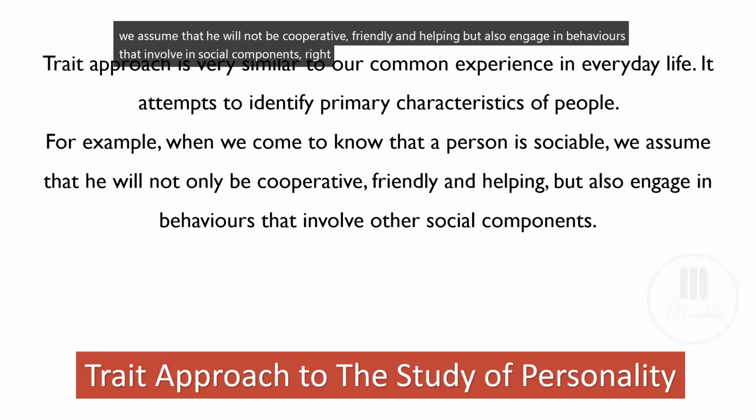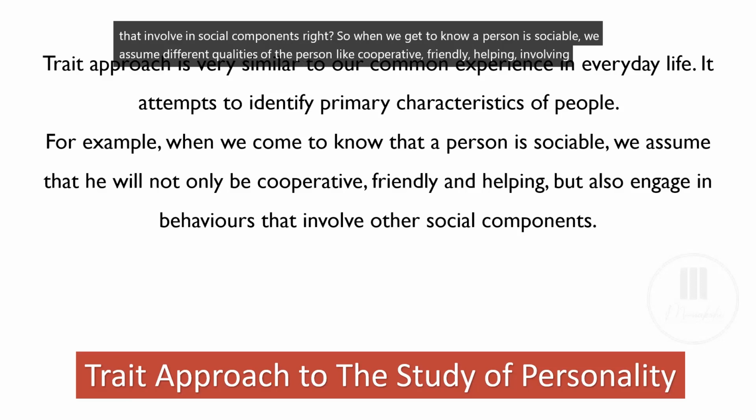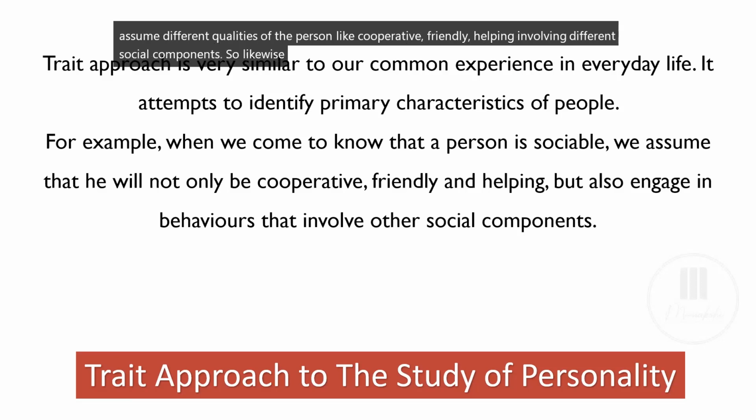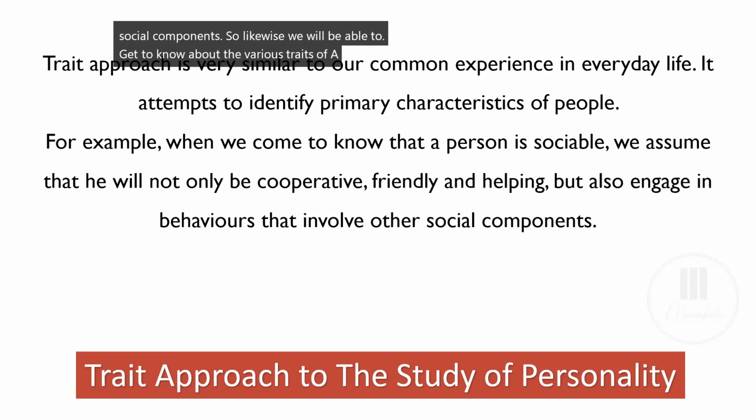So when we get to know a person is sociable, we assume different qualities of the person. Likewise, we will be able to get to know about the various traits of a person based on his or her characteristics.